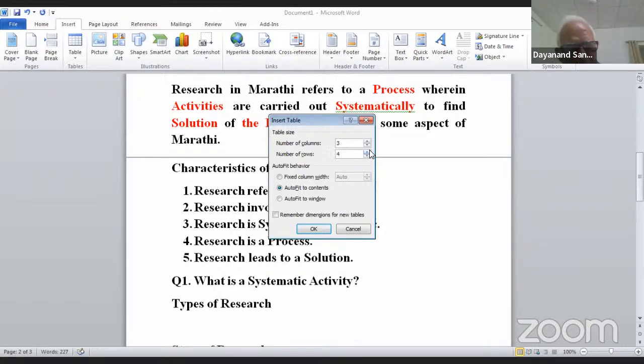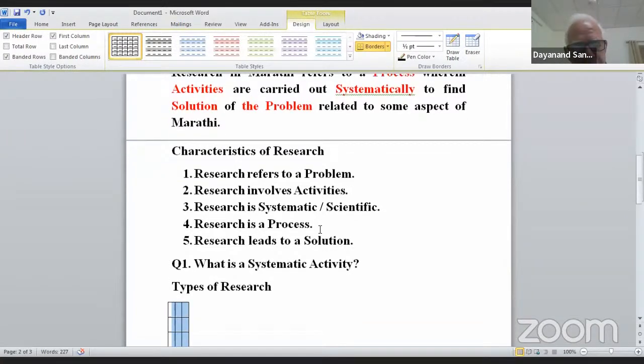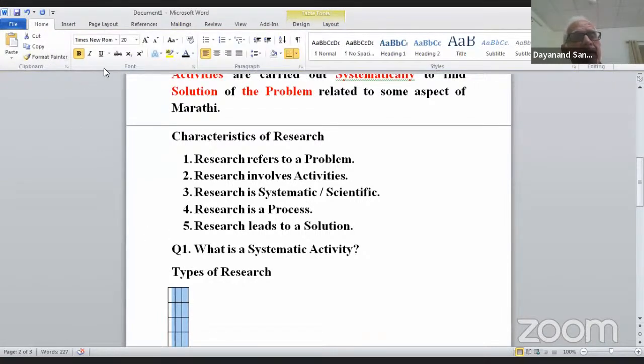Any other type of research you know? Descriptive research, analytical, critical research. Evaluation research. Qualitative and quantitative research. Any other one? Education research. Okay.